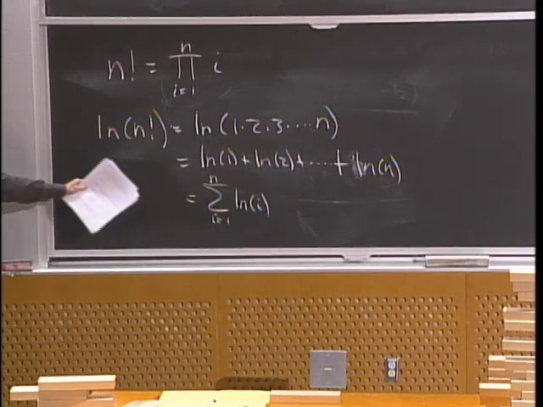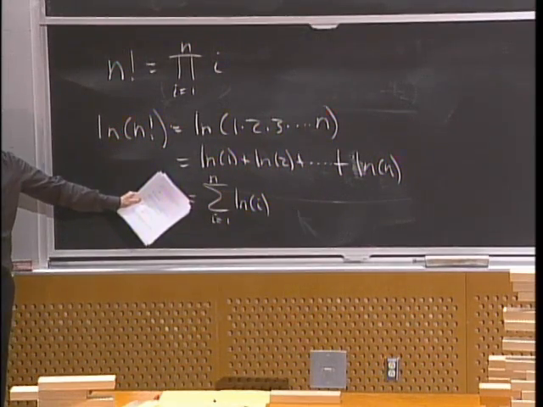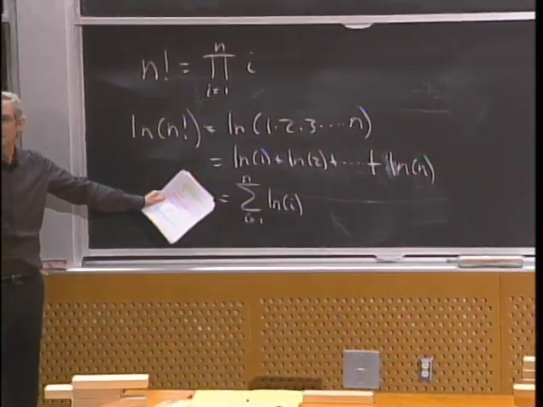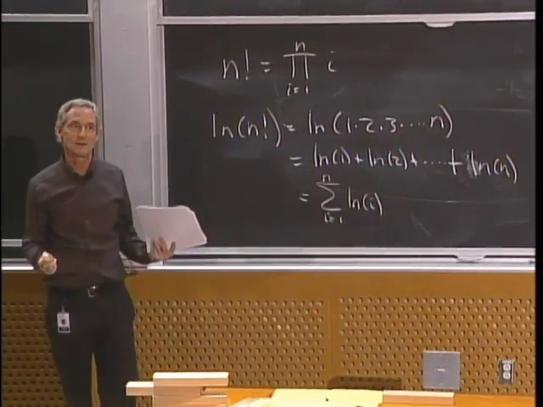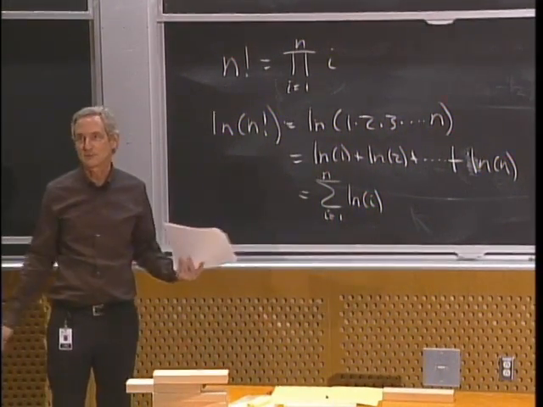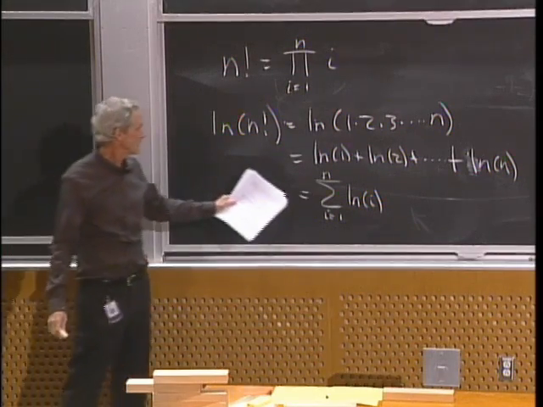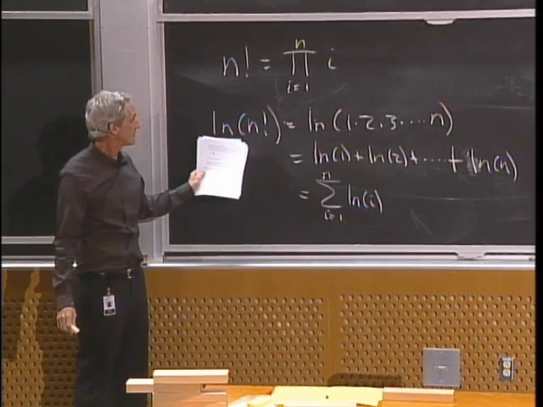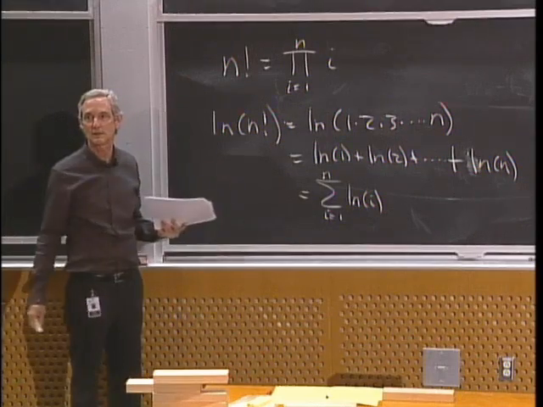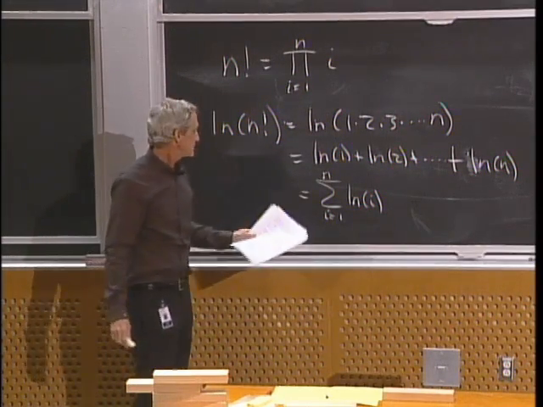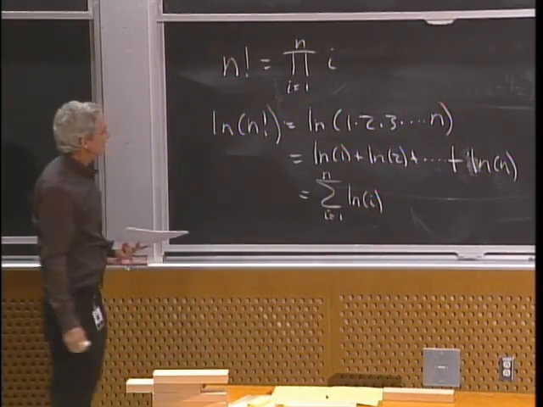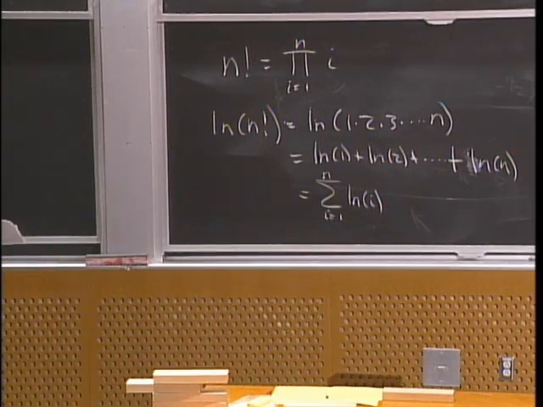And now that I've got a sum, we can use all the tools we had for sums. So really, products look hairy, but they're no different than sums, because we're going to get an approximation or an answer for log of n factorial, then we'll exponentiate it and we'll have the answer. All right, so we're looking at this sum, and so how do I get a closed form for that?